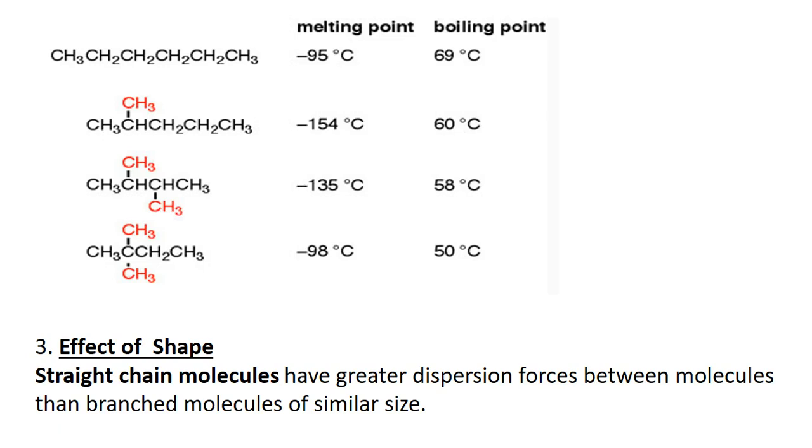Okay, so functional groups have an effect. The shape has an effect too. These all have the same number of carbons and hydrogens, and they're non-polar, so there are just dispersion forces between them. You can see this has a higher boiling point than this one. With straight chain molecules, if you've got another one of these chains right beside it, you can have dispersion forces all the way along.